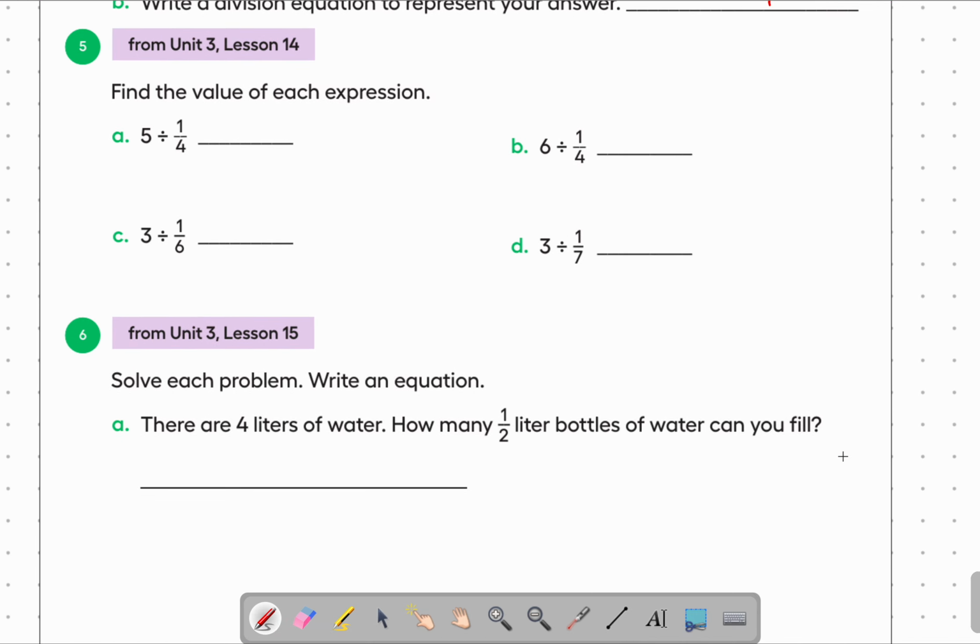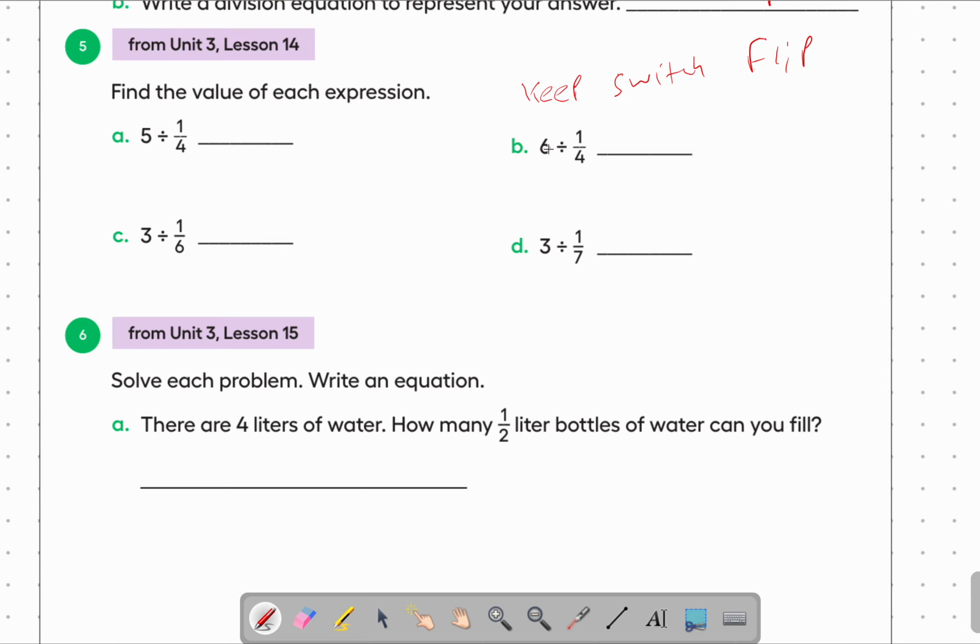Okay, well, I think these we already all know how to do. We can just use the algorithm that we learned. Let's just do one of them, okay? So again, we're gonna keep, switch, flip.